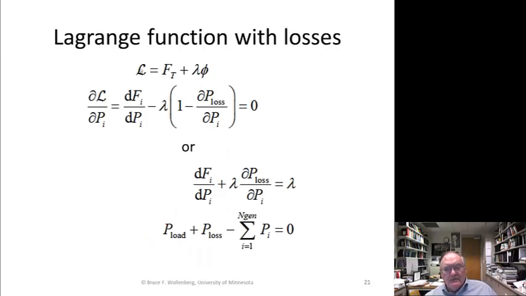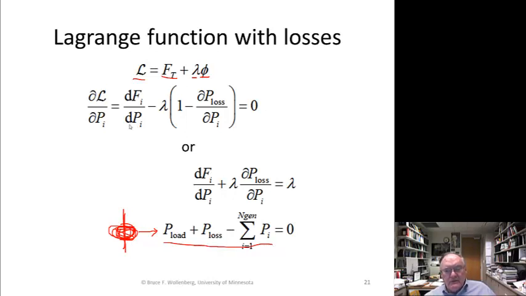So our economic dispatch Lagrange function f of t is still the sum of the operating costs of the generators, minus lambda times phi, but phi now has this function. I'm sorry, this is phi right here. So accept that as my overprint there of phi, and phi is this function right there.